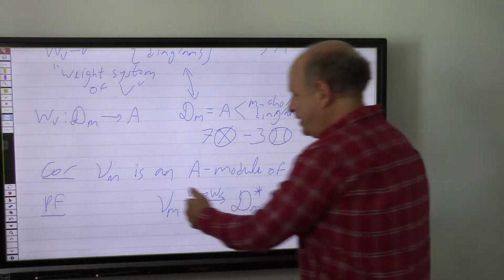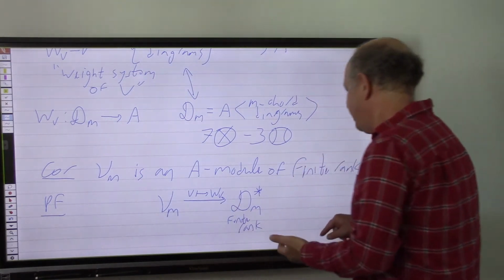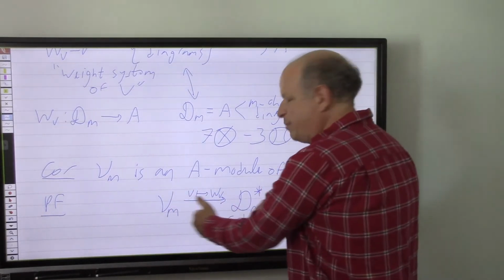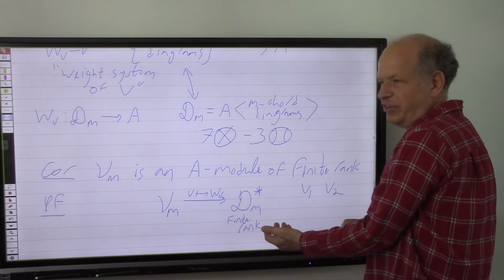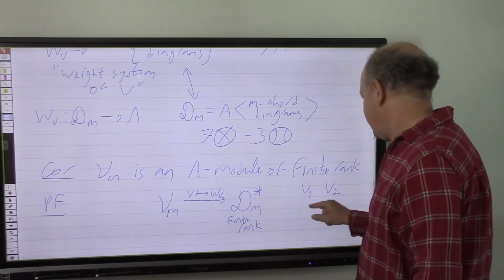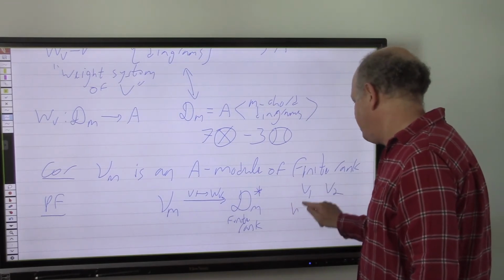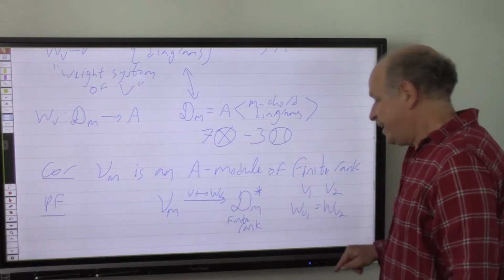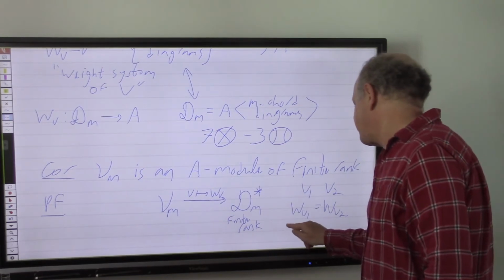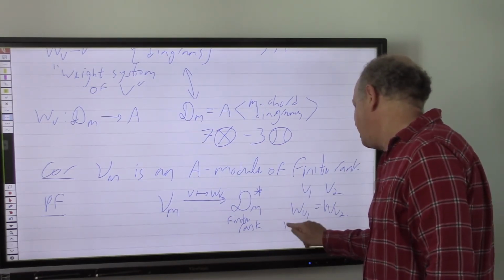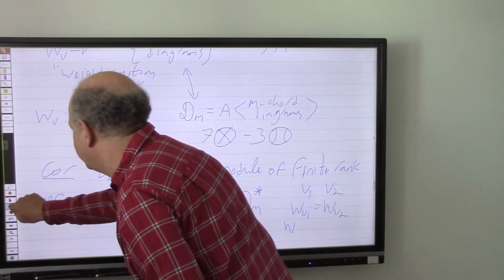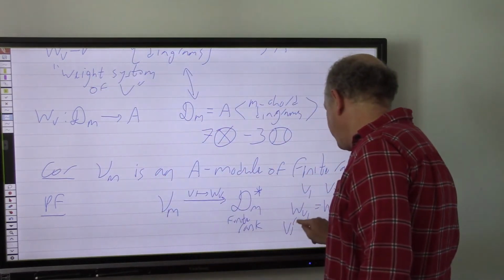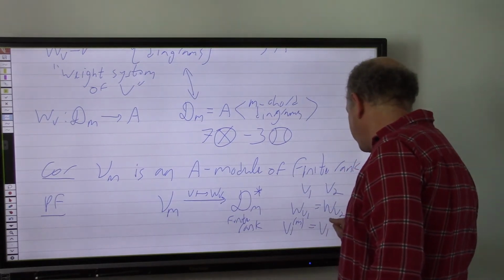But what is the kernel of this map? Suppose you have two invariants, V1 and V2, with the same mth derivative, so they map to the same element of D_M. That is, W V1 equals W V2, which is the same as saying the mth derivative of V1 equals the mth derivative of V2.